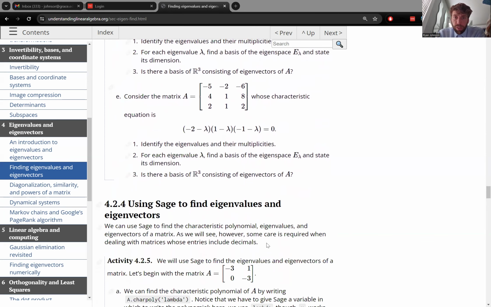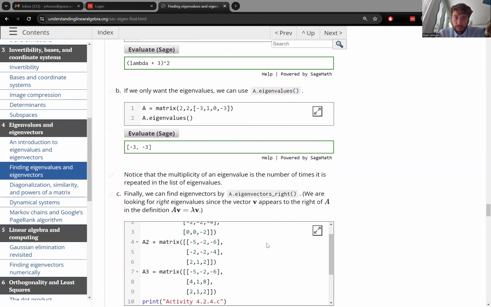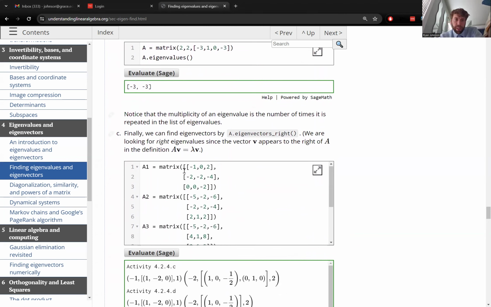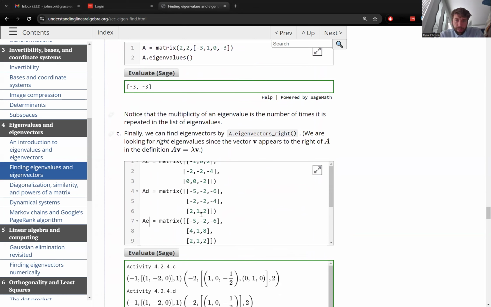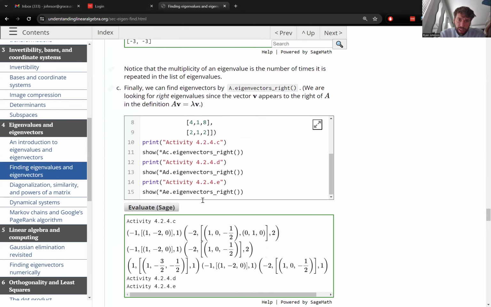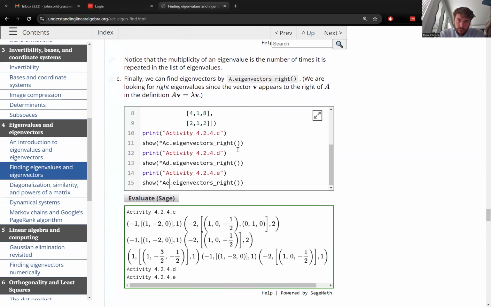To do that in Sage, I took those 3 matrices and put them in Sage right over here. I called them A1, A2, and A3. Maybe I could have called them AC, AD, and AE because they're parts C, D, and E of that activity, and make sure that if I make a change, I change everything. Then I'm doing AC.eigenvalues, AD.eigenvalues, and AE.eigenvalues.